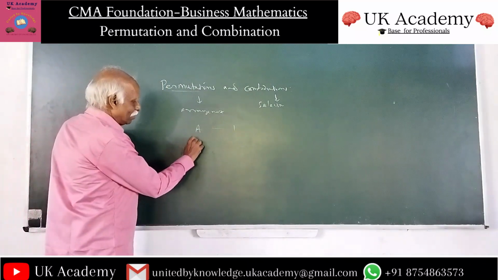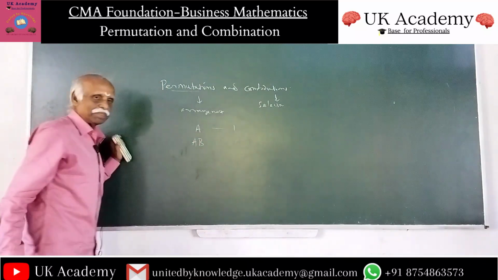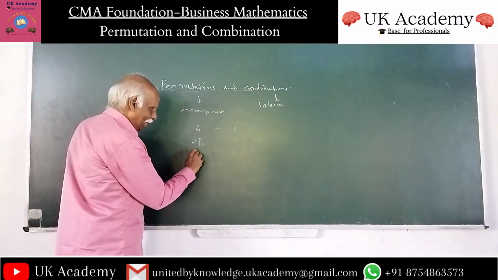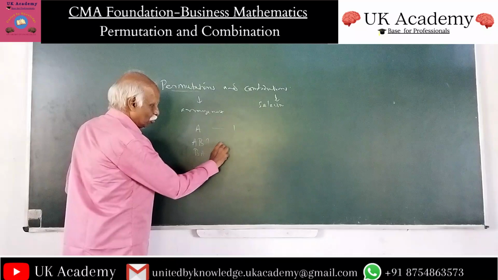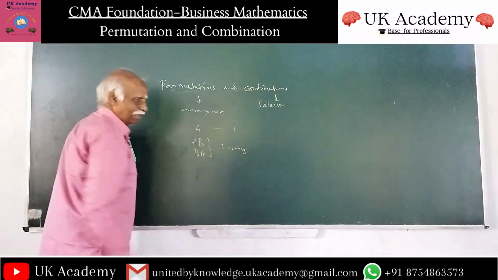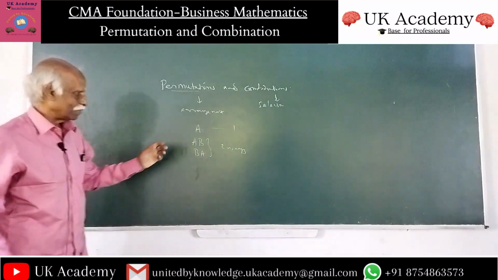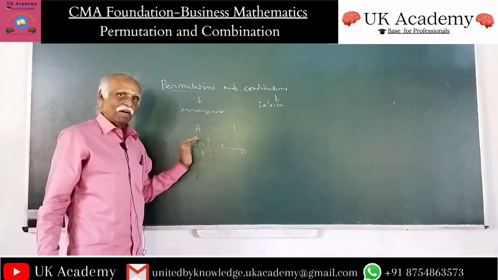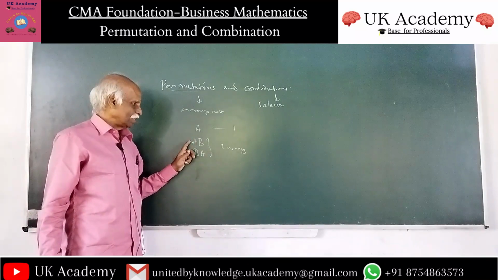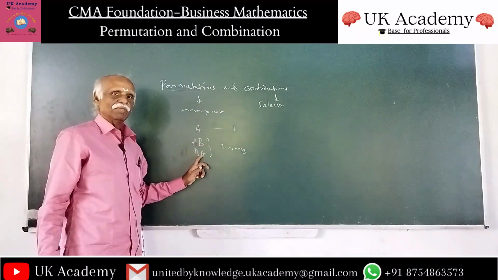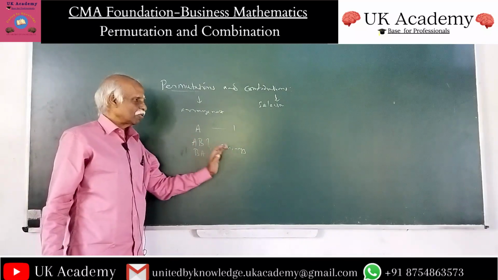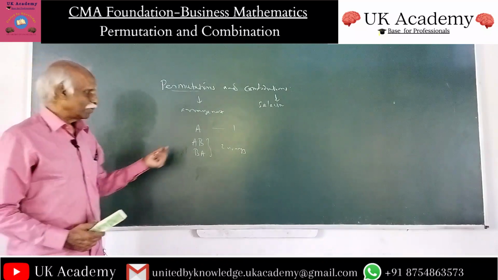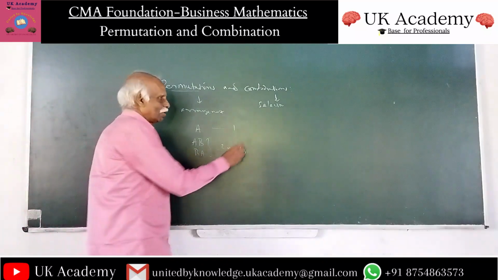Whereas if I am given 2 objects A and B, I can arrange them like AB or BA. First one is A, second one is B, or B followed by A. So there are 2 ways of arranging 2 objects. Keep this in your mind.